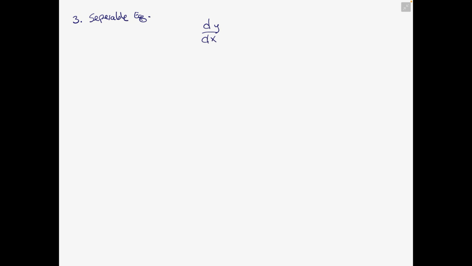Here's separable, where we start out with, we assume that the differential, dy dx, is some function of x and y. It's not a single variable function.